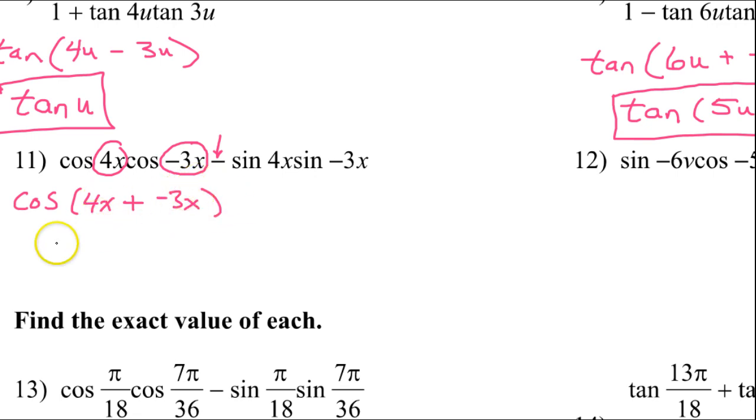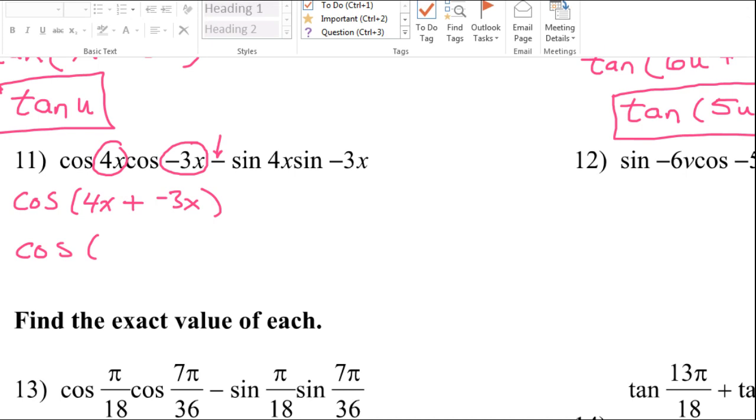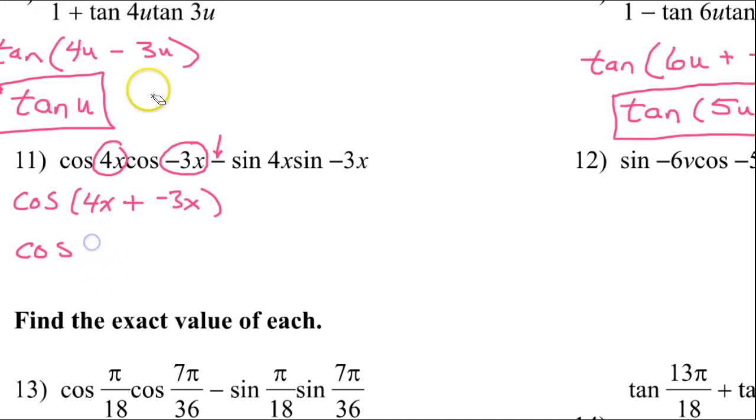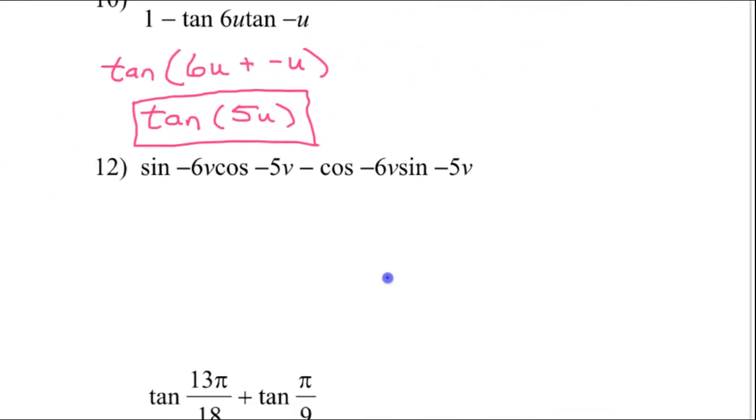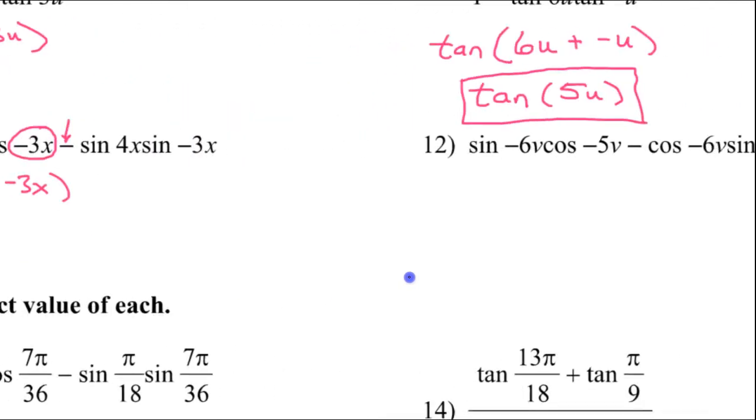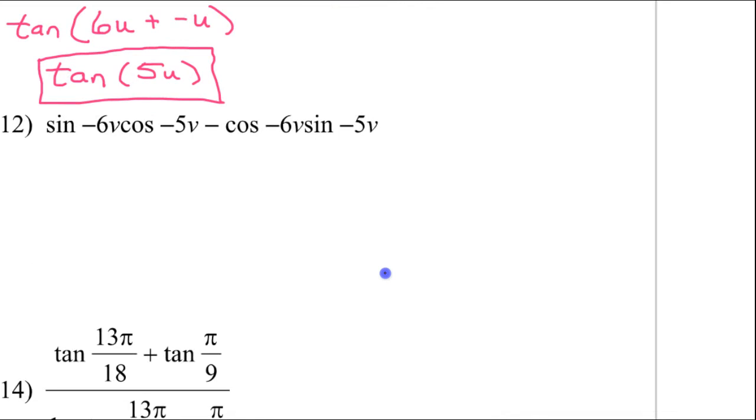And these are like terms, so I can simplify further by writing cosine x, just cosine x actually. Don't need parentheses or anything when it's this simple.